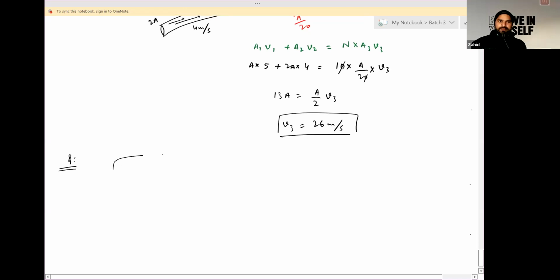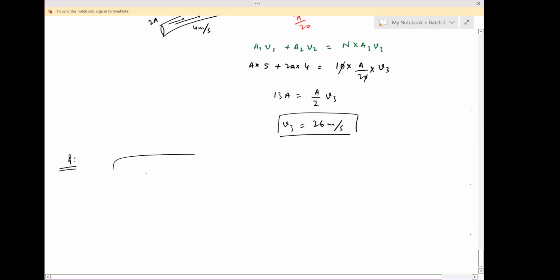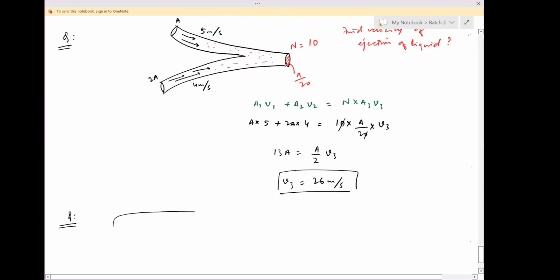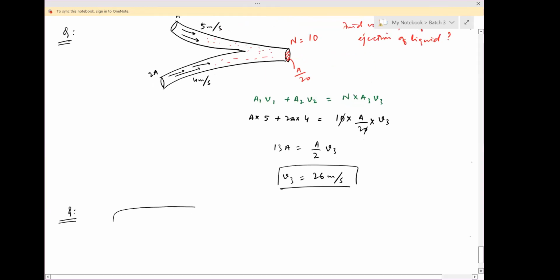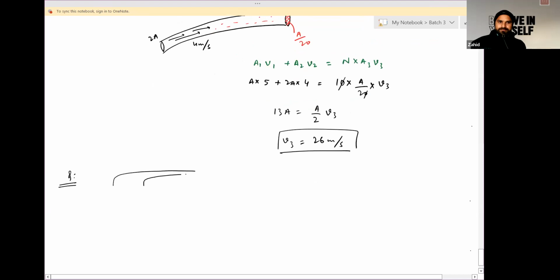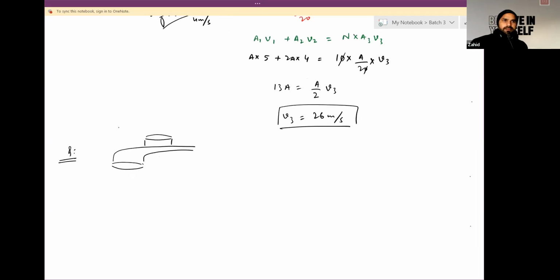Suppose you have a tap through which liquid is coming out.